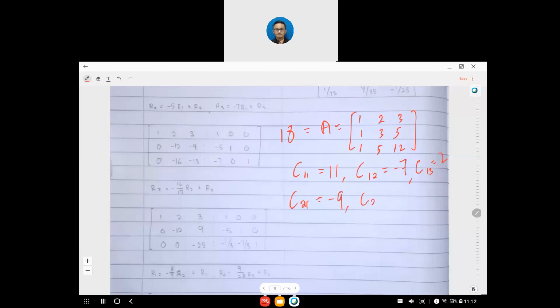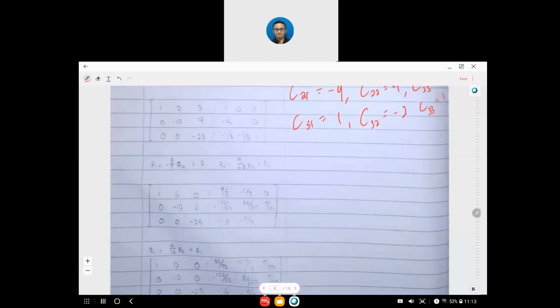Cofactor 2 2, 9. Cofactor 2 3, negative 3. Cofactor 3 1, 1. Cofactor 3 2, negative 2. And cofactor 3 3, you can get 1.